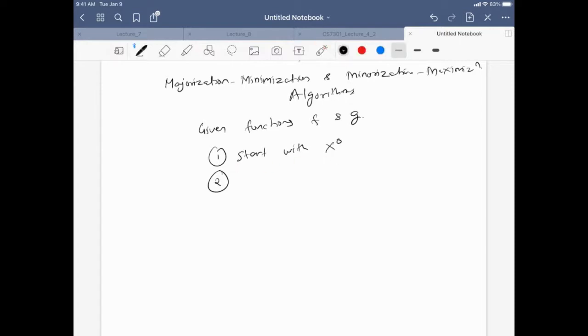So you start with some x0, and then you compute these subgradients and supergradients, right? Maybe I'll use the notation slightly differently. Just give me one minute.